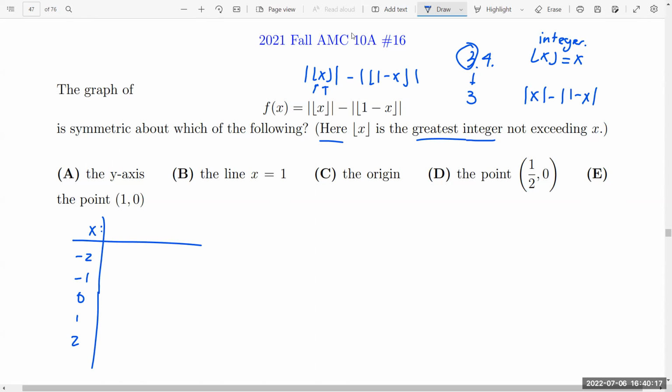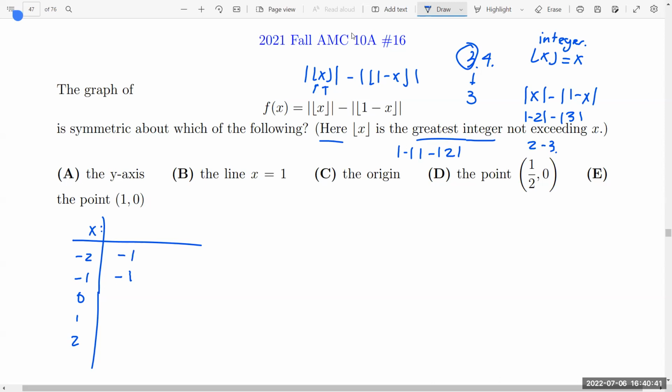For -2, that's the absolute value of -2 minus the absolute value of 1 minus -2. So that's 2 minus 3, and that's -1. The value at -1 is the absolute value of -1 minus the absolute value of 2, which is -1. Let's take a look at 0.